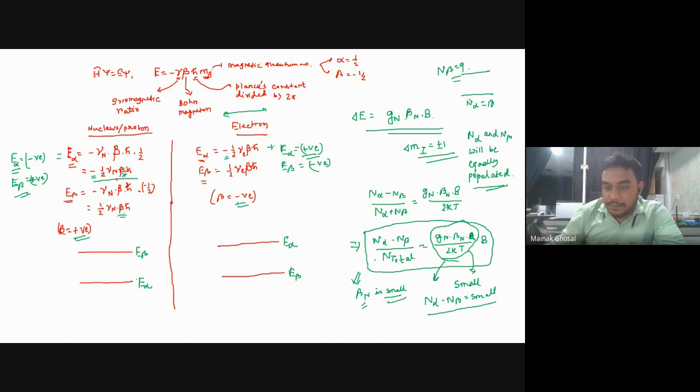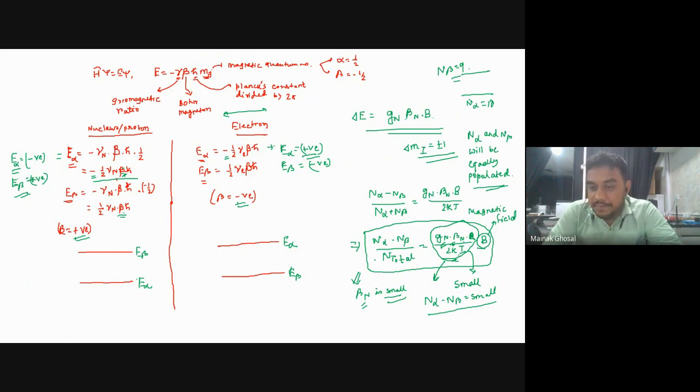Suppose temperature is constant, k_B is constant, and beta_n is very small. So I have only the choice of this B. What is B? B is the magnetic field. Since I cannot vary the other four parts, I can only vary this B. So if I increase B, what will happen?